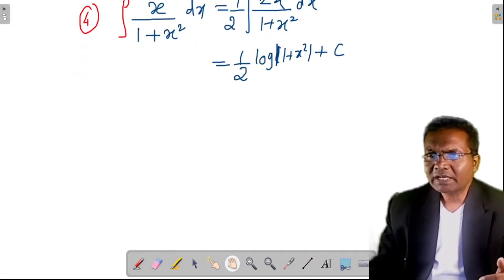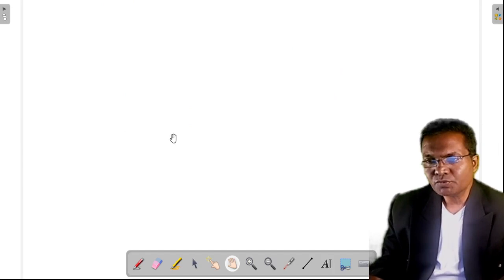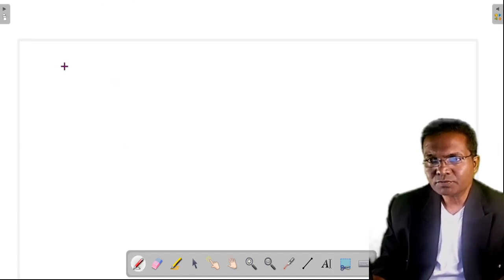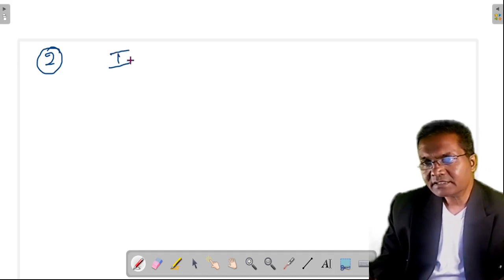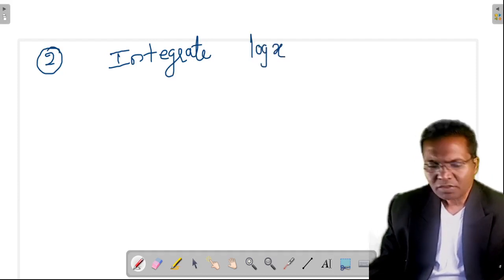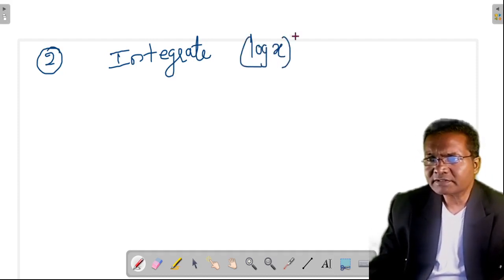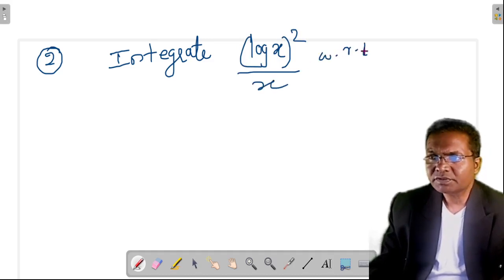Let's have another example from exercise 7.2, question 2. You are asked to integrate log of x whole square by x with respect to x.